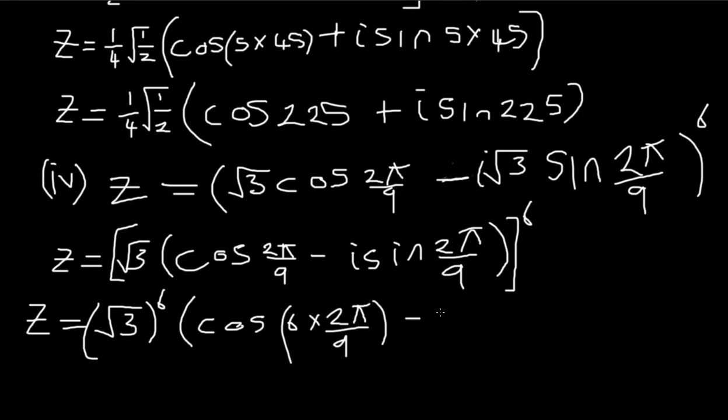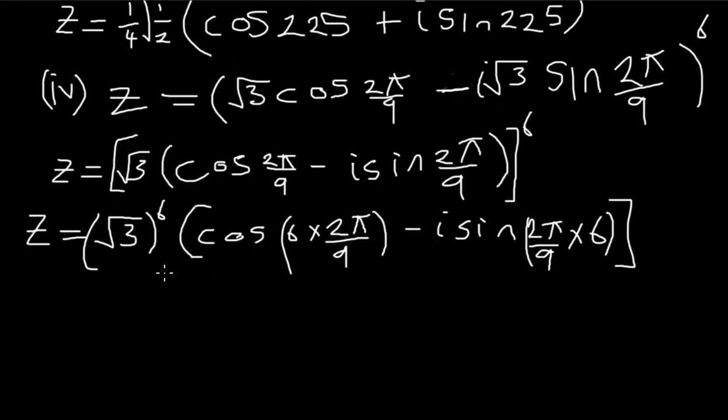Then minus i sine 2 pi over 9 times 6. This is supposed to be in curly brackets, or square brackets if you want to call them that. From there, you work out the root of 3 to the power 6, which is the same as root 3 times root 3 up to 6 root 3's.